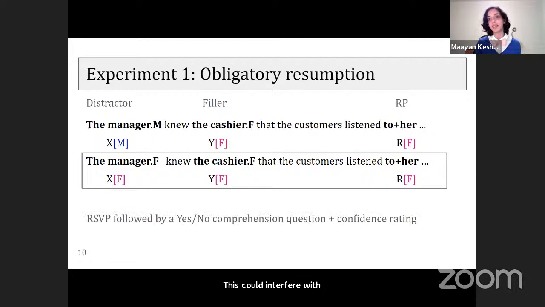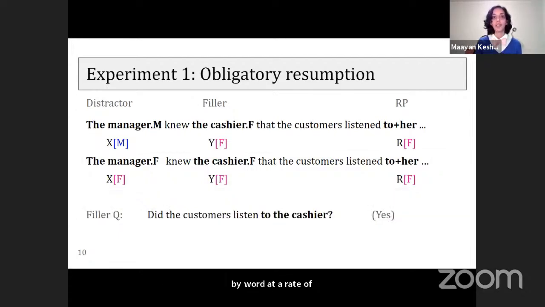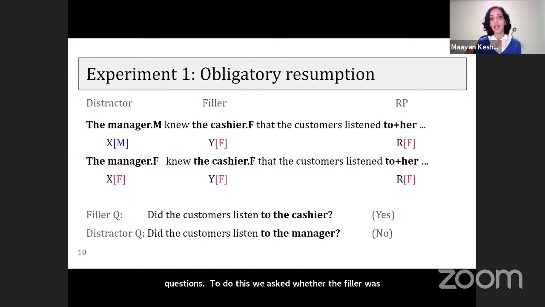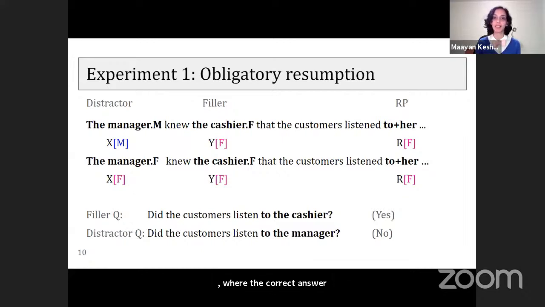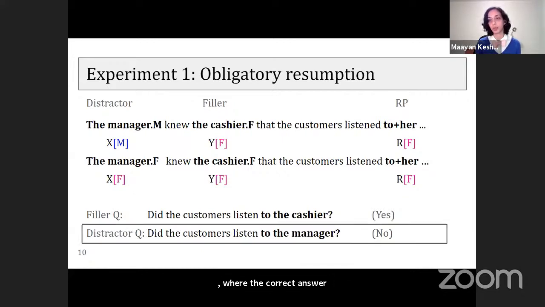So we present these sentences word by word at a rate of 400 milliseconds, and we examine participants' comprehension with yes-no questions. To do this, we use two types of questions. One asking whether the filler was the object of the relative clause, where the answer should be yes, and one asking whether the distractor was that object, where the correct answer is no. If interference affects offline comprehension, it should be reflected in increased error rate for these distractor questions.